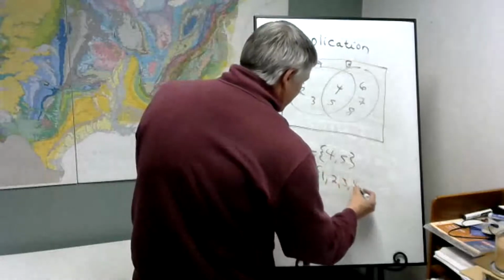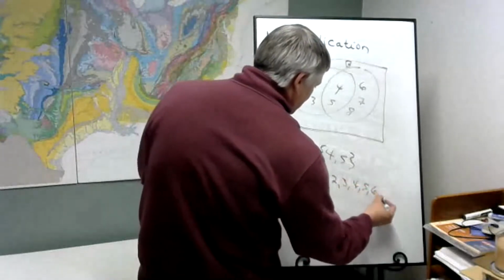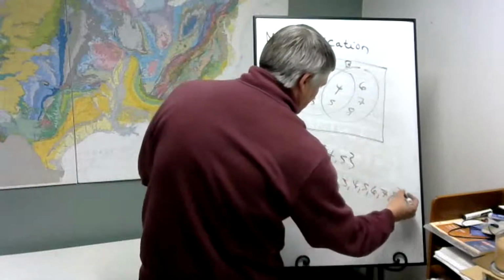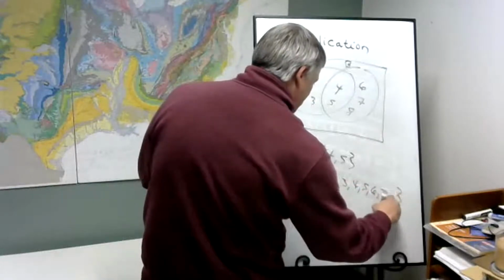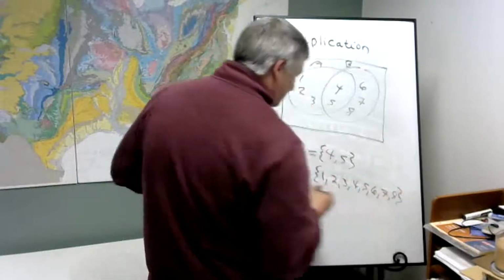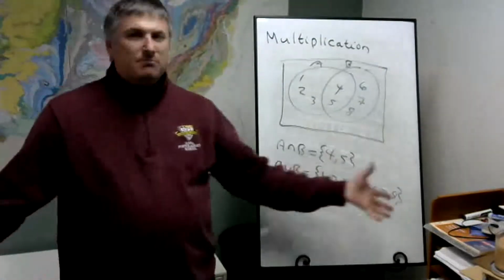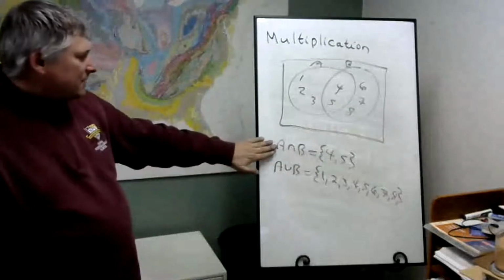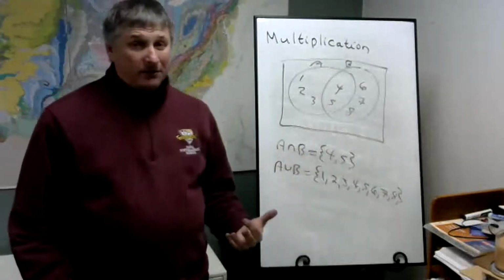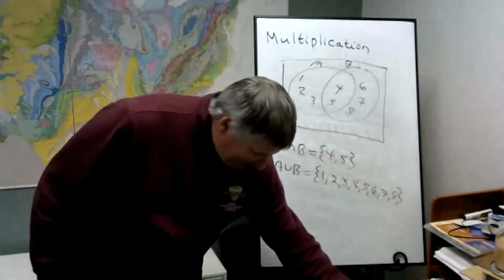So now I'm going to use proper set notation. When you take the union, you just combine everything together. Take the intersection, you only work with the overlap. All right.